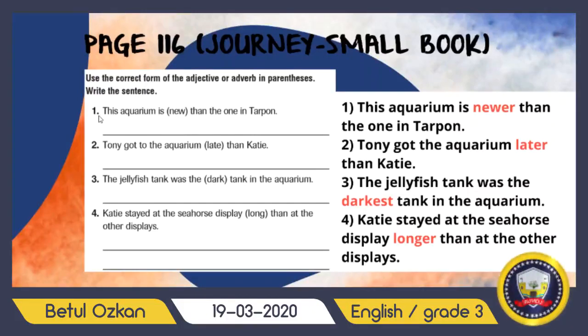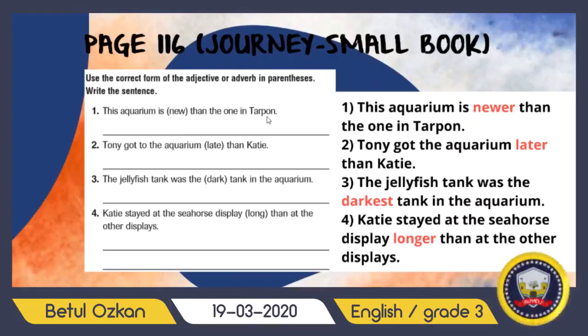In the first sentence, it says, this aquarium is new than the one in Tarpon. So, new is given to me and I have "than" here. Let's check my sentence: this aquarium and the one in Tarpon.